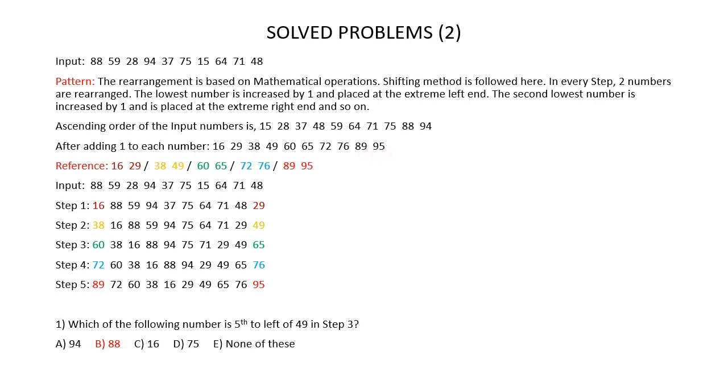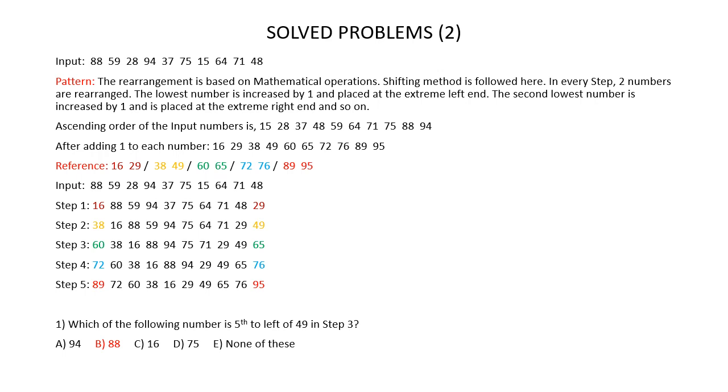89 and 95. Let's now find the rearrangement steps between the input and the final output. To do that, first we have to write a reference line of numbers which we can use later on while finding the rearrangement of steps.